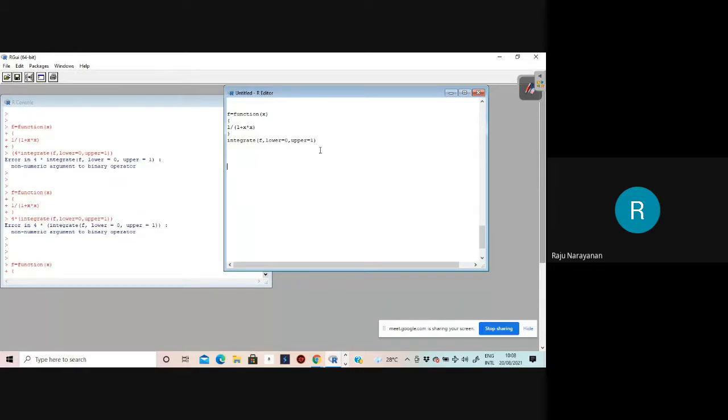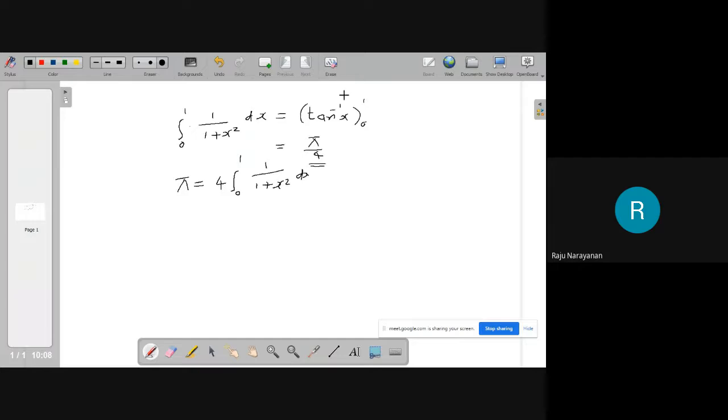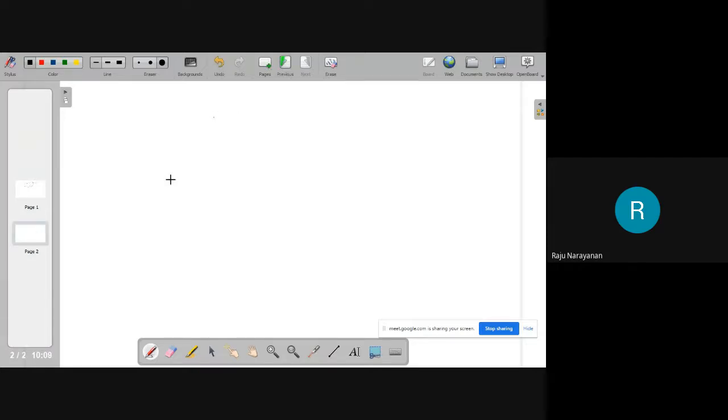Okay, therefore this one. Similarly, I will do 2-3 examples quickly, and another one, the famous function for statisticians, 1 by root 2 pi, e raised to minus x square by 2.